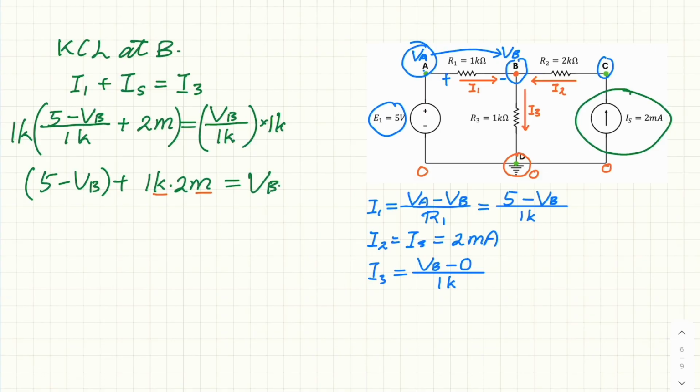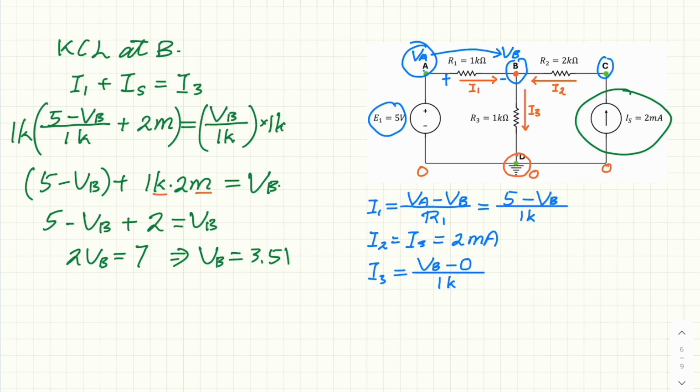Again, K multiplied by M equals 1. So we have 5 minus VB plus 2 equal to VB. So we have 2VB equal to 7, and VB equals 3.5 volts.